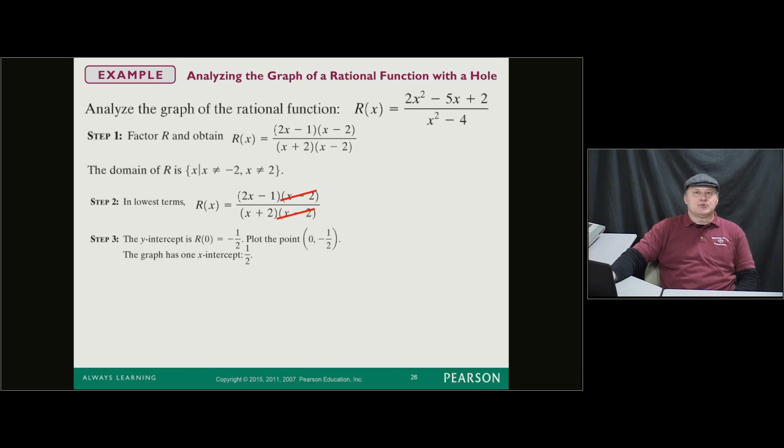Because 2x minus 1 equals 0, add 1, divide by 2, yep, it's x equals 1/2. So right now what I would do, if it was me, I would plot the x-intercept at 1/2 and the y-intercept at negative 1/2. Both of those intercepts are really close to the origin. One is to the right of 0, and one is down below 0. That's exactly what I would do right now.